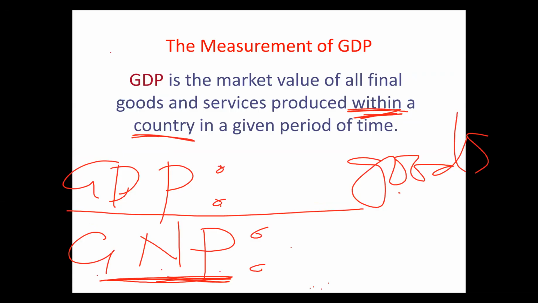Whether they are producing from the UK or within Zambia or anywhere, as long as they are our people. We have Zambians who own companies abroad. We are interested in what those companies are producing because they are our people.